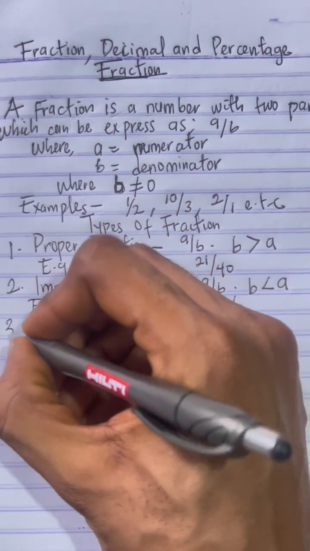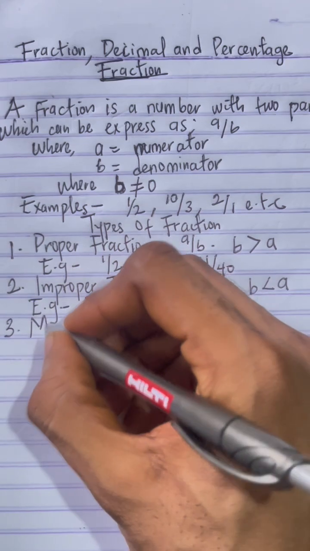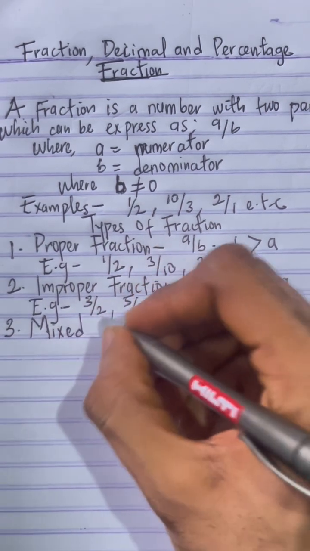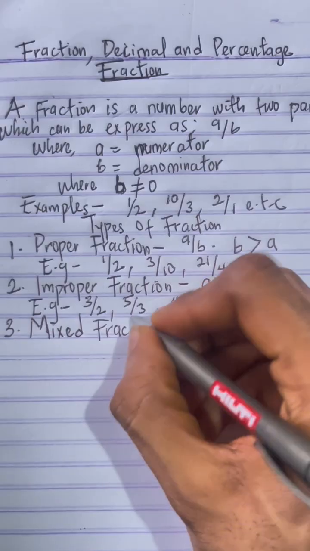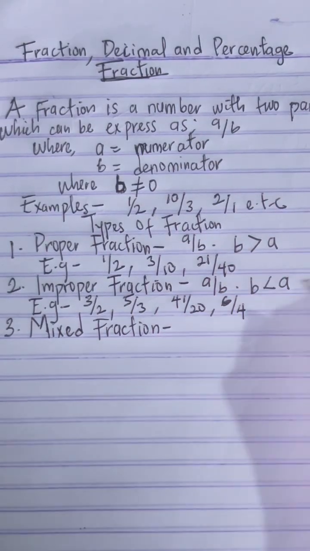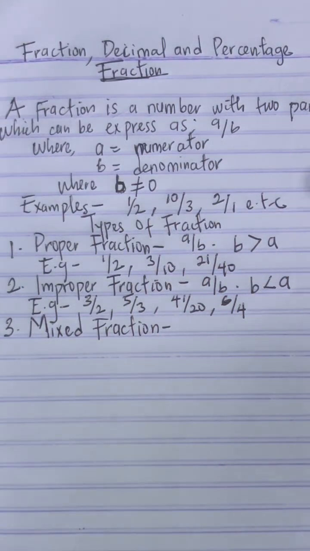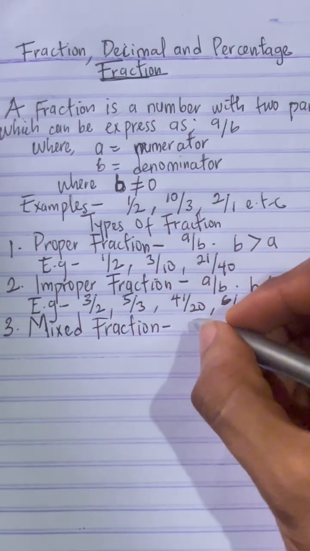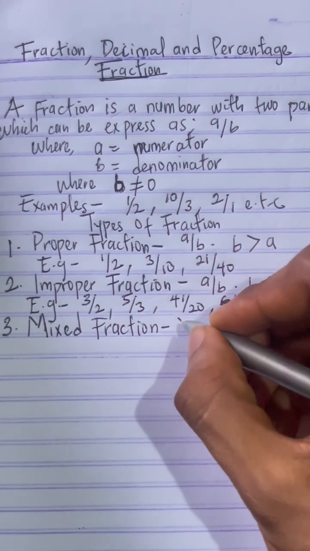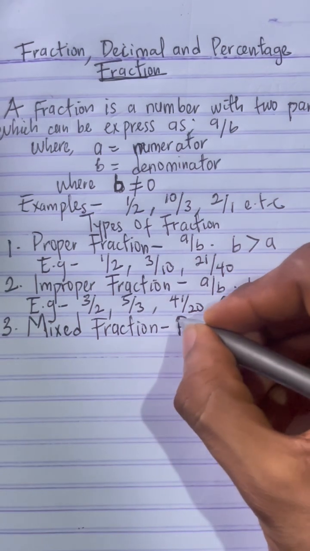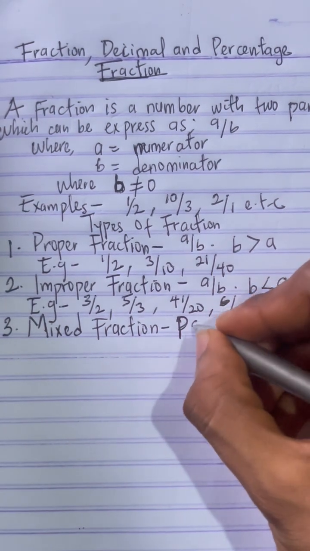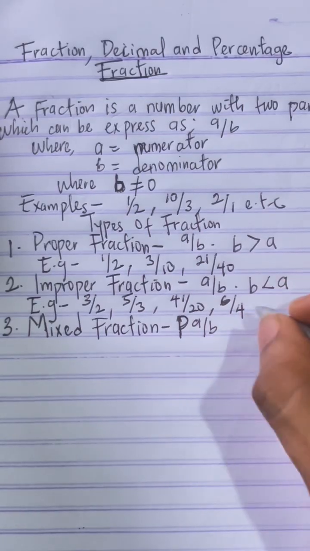All right. We also have the mixed fraction. The mixed fraction is expressed as a whole number together with a proper fraction, which can be expressed as p a over b.